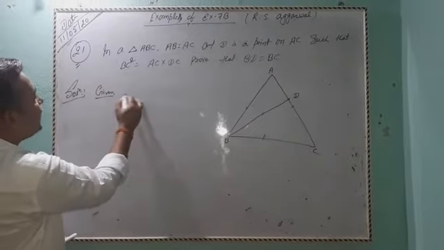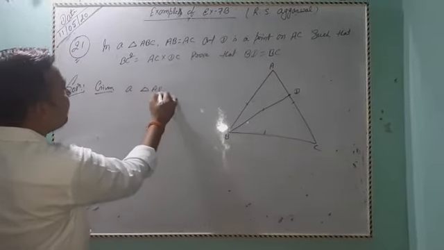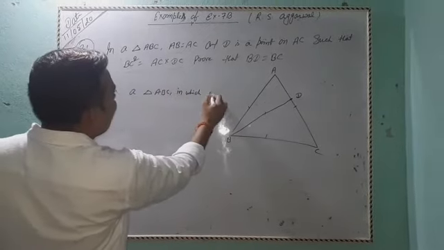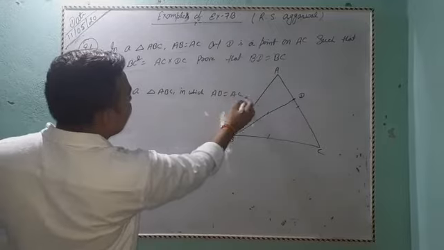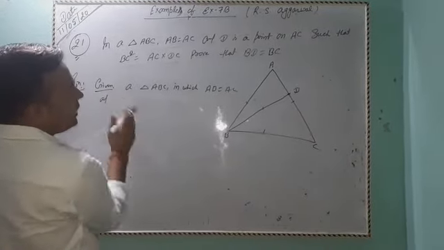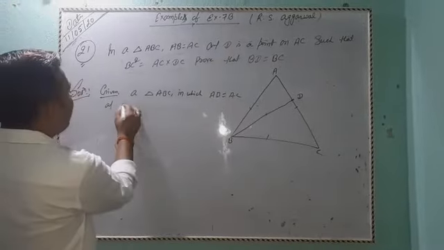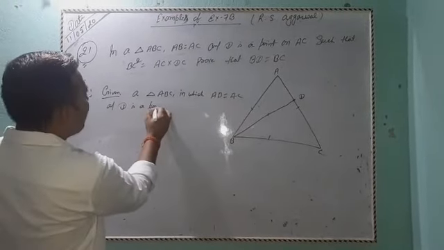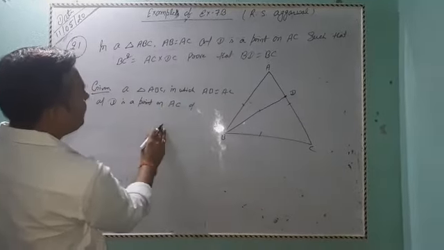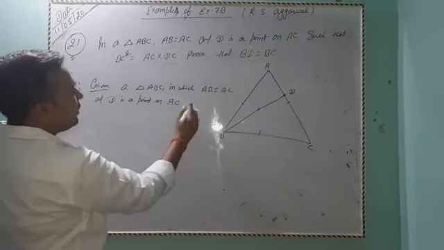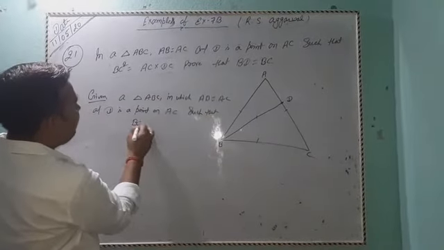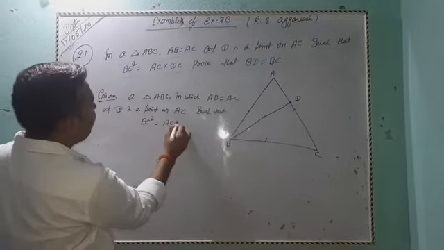Given a triangle ABC in which AB equals AC and D is a point on AC such that BC square equals AC into DC.